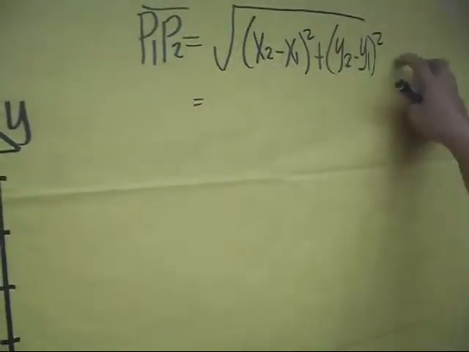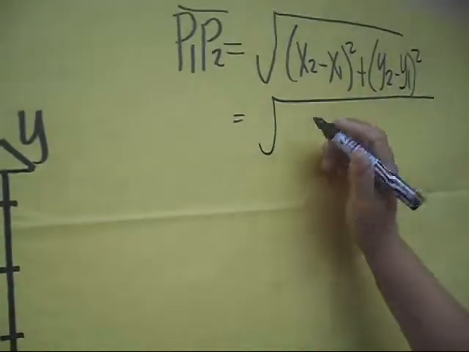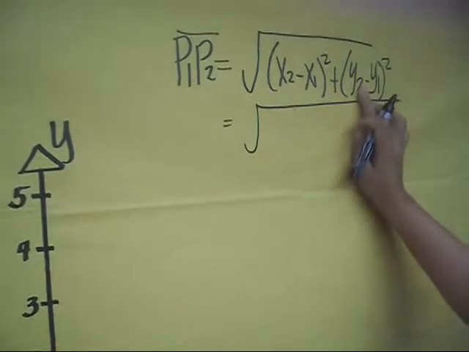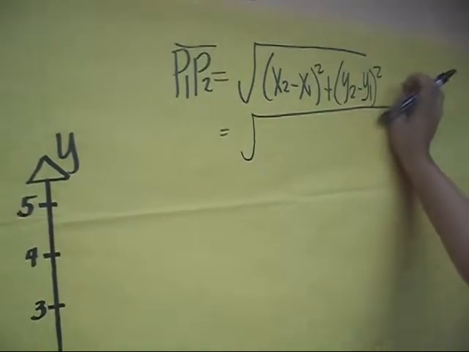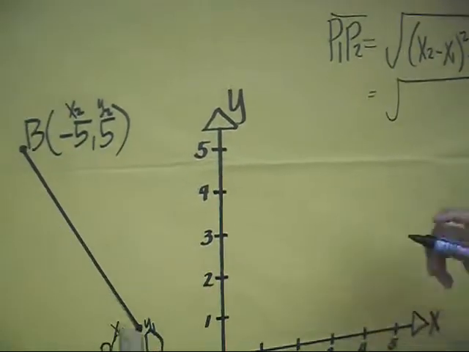Then let us solve the problem. Square root of x sub 2 minus x sub 1 squared plus y sub 2 minus y sub 1 squared. Let us substitute the coordinates.